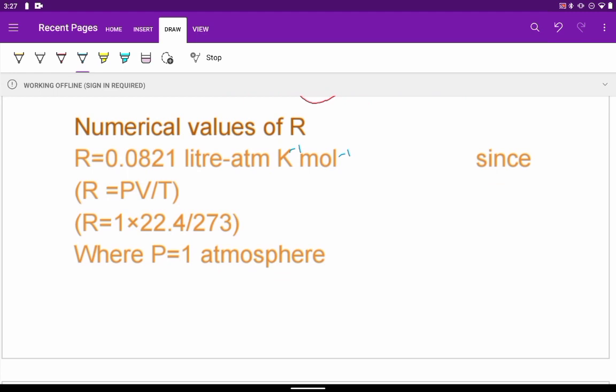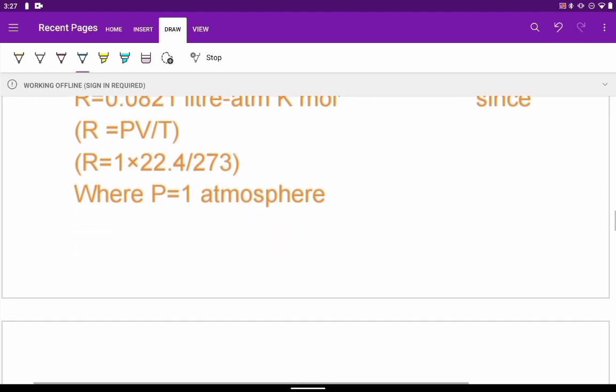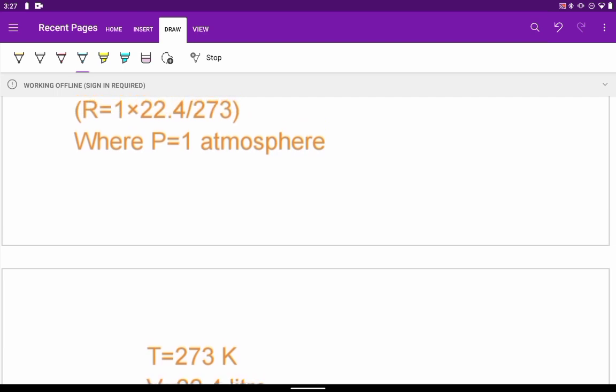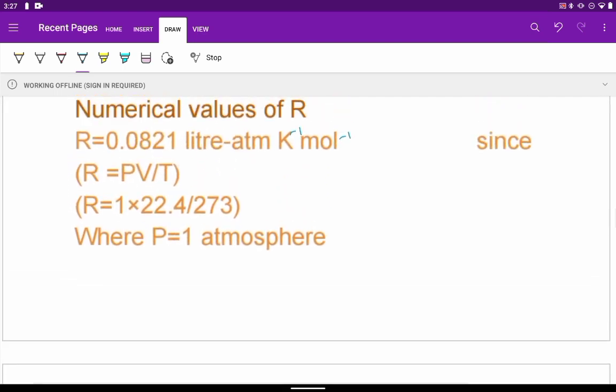If P we take as 1 atmosphere, volume is taken as 22.4 liters and temperature 273 Kelvin, then the value that we get is 0.0821, and the unit will be liter atmosphere per Kelvin per mole.